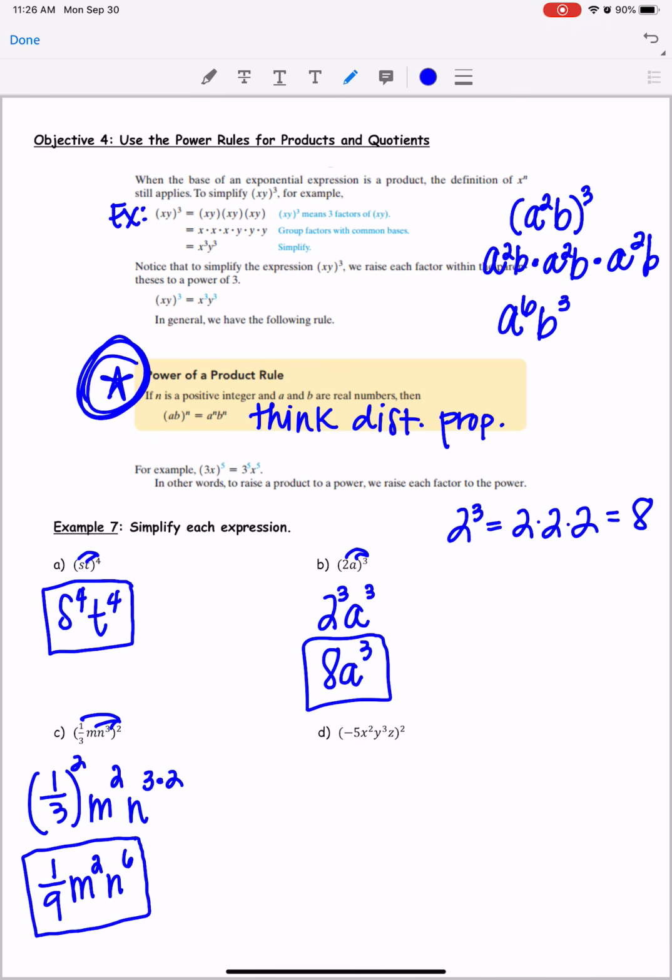Okay, on D, how many things is that squared going to? The squared is going to 4 different terms. To your number, to your x, to your y, to your z. So, 2 to the -5. And when you put this into the -5, this has to go in parentheses.